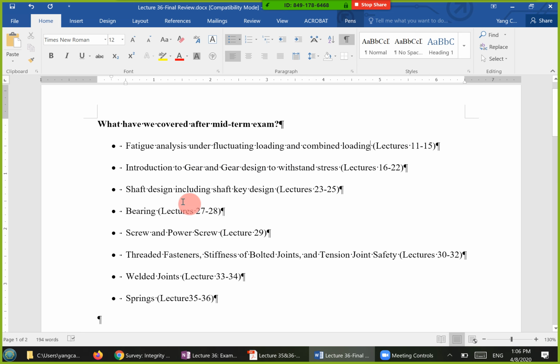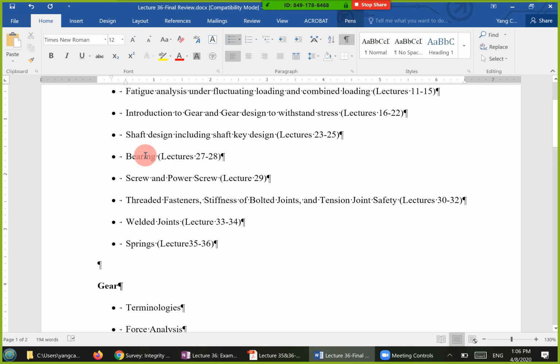AGMA. And then shaft design is not really new, but we have looked at the different considerations on the shaft, including the key design. And the bearing, so that's actually the part where things started falling apart. Everything transitioned to online. So we looked at bearings, introduction to bearings and bearing selection.